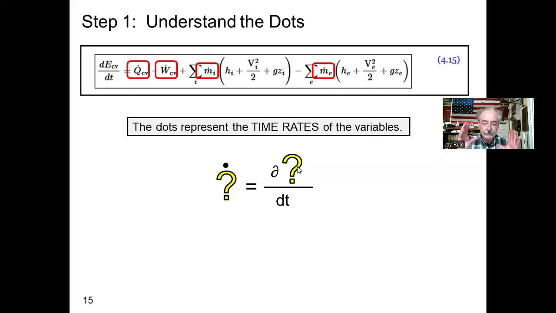Think of a dot over top of a variable as a rate. So this is heat transfer rate, work rate, also known as power. And M dot, that's mass flow rate. That's a fundamental. You've got to get that in your head. No formula sheet's going to save you if you can't get that in your head.